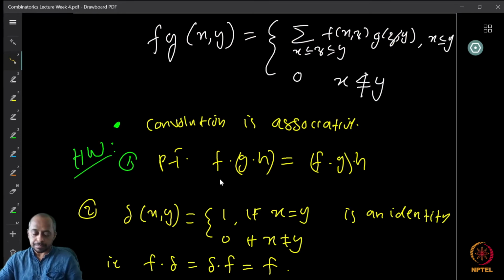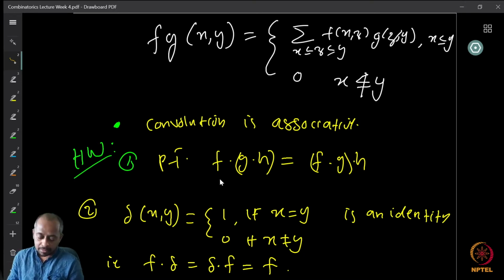Now, I define another function delta, where delta(x, y) is equal to 1 if x is equal to y, and equal to 0 if x is not equal to y. This is also defined over the poset. This function delta acts as an identity for the convolution.